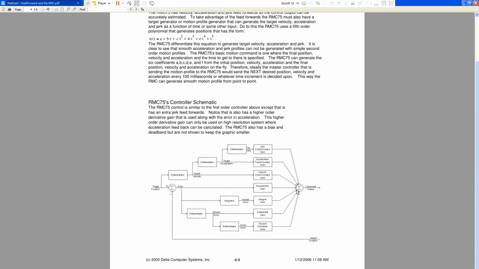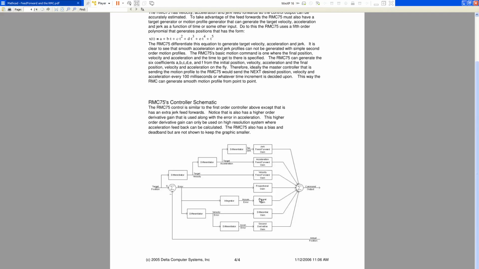And this works fine as long as all the gains are in the forward path. That means all these gains are working on the error. So sometimes it is feasible to have the integrator work on the error only, and then the proportional gain and the derivative gain and second derivative gain act on changes in the actual position.